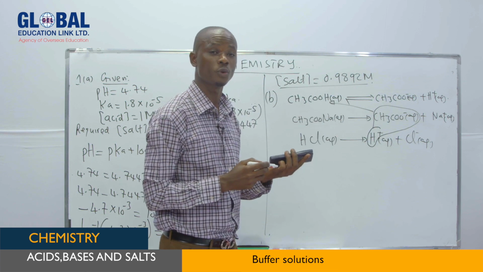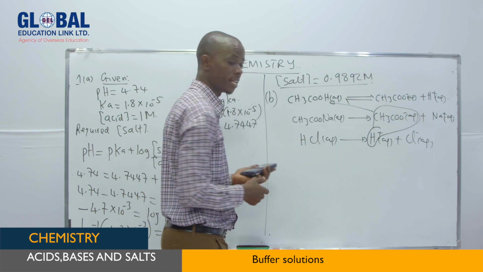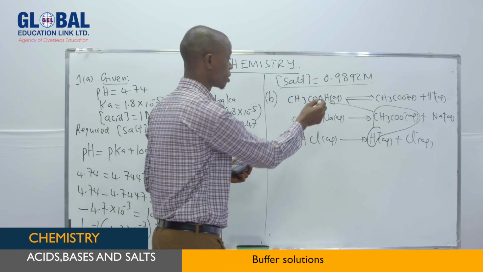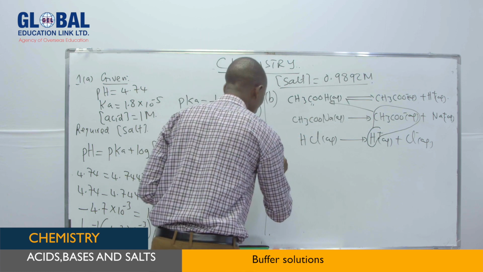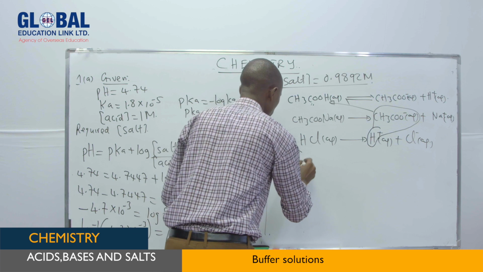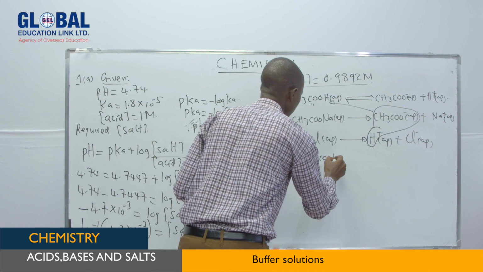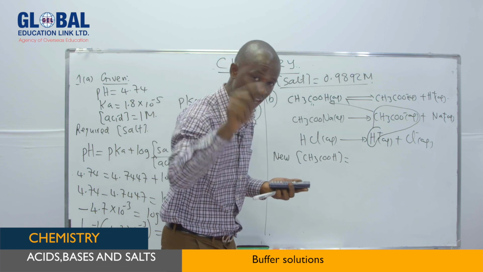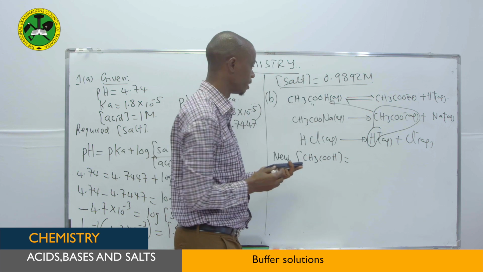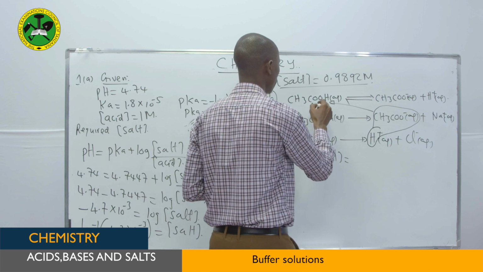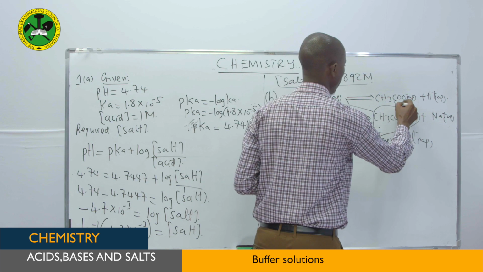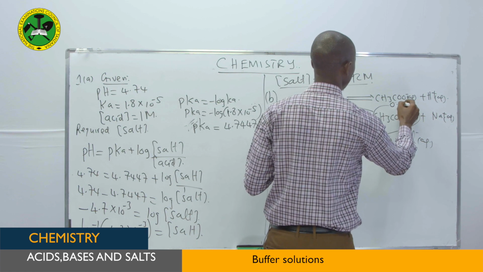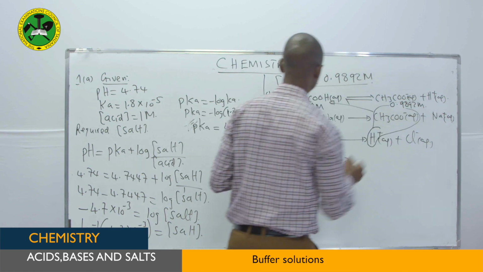So there we are going to have the new concentration. The effect of adding hydrochloric acid will cause the concentration of the acetic acid to increase because it is the one which will be formed. Now, new concentration of the acetic acid. The concentration of acetic acid will increase by the same factor of the acid which is added. So originally we had 1 molar of the acid.